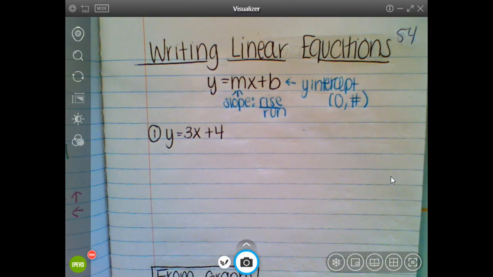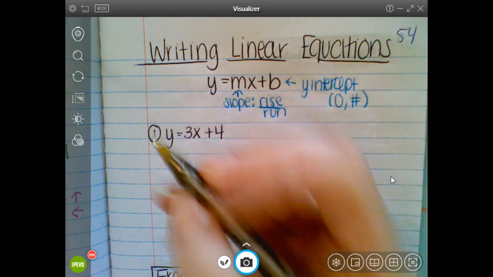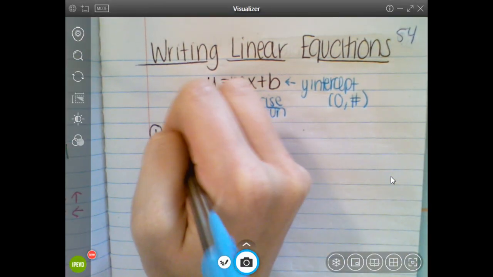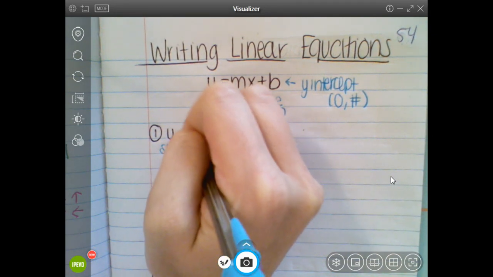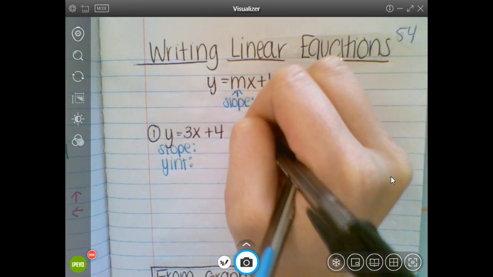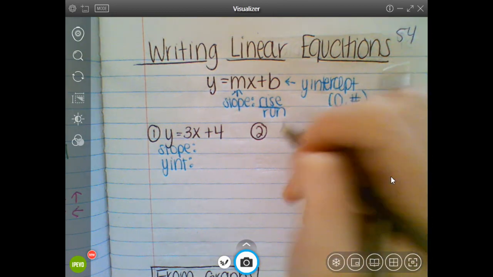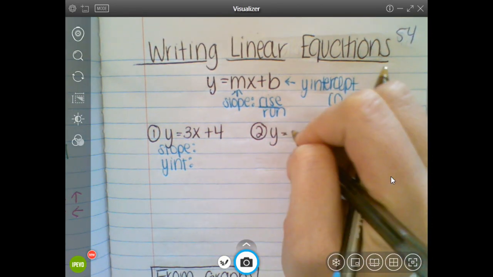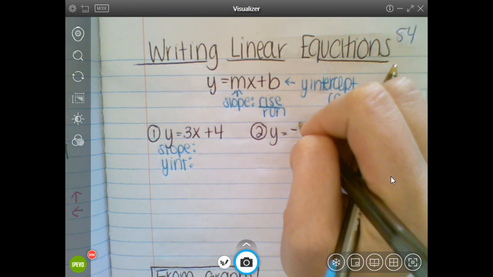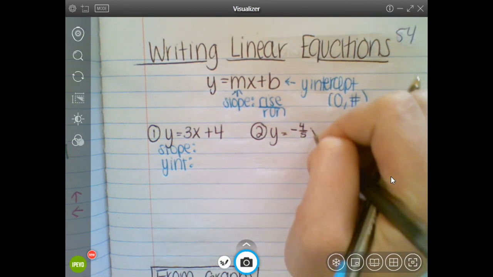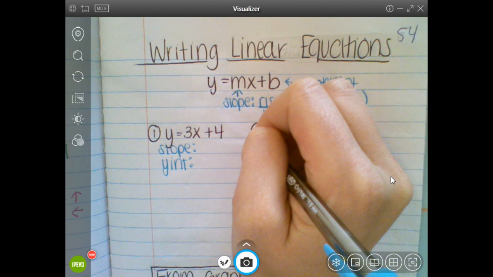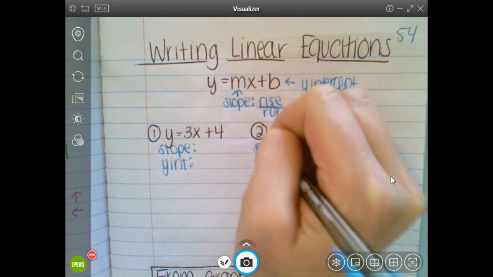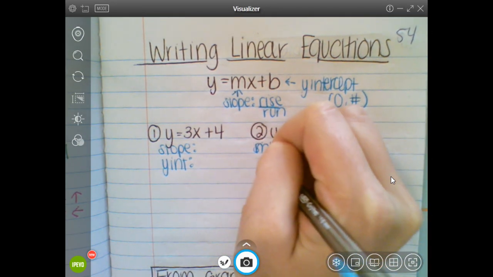And they can tell you, find the slope and the y-intercept. Another way they can ask you is they can say, okay, the equation is y equals negative 4 over 5x minus 8. And they can say, find the m and the b.